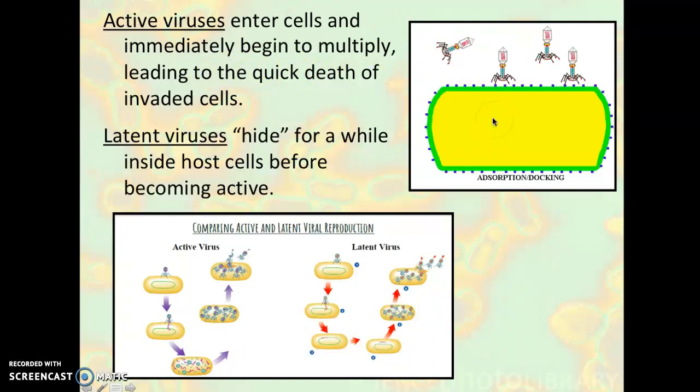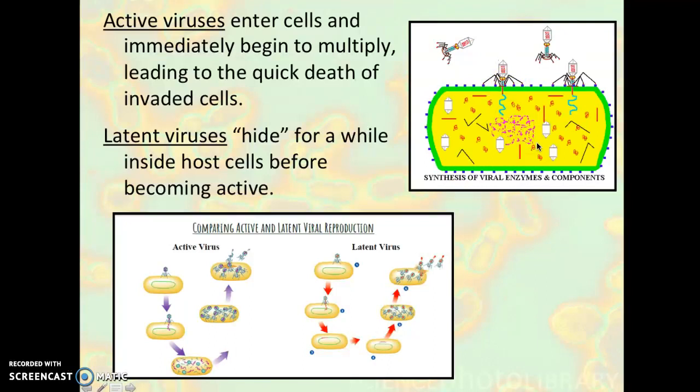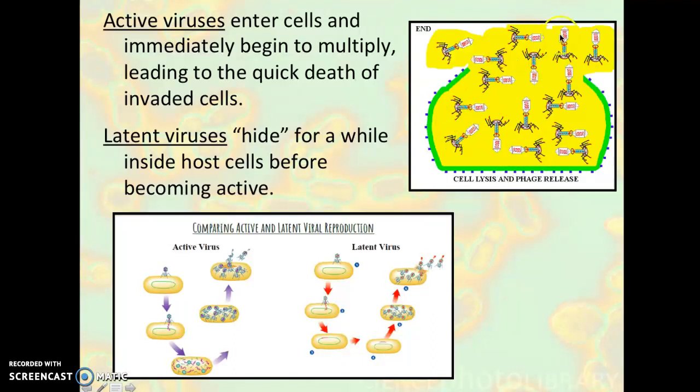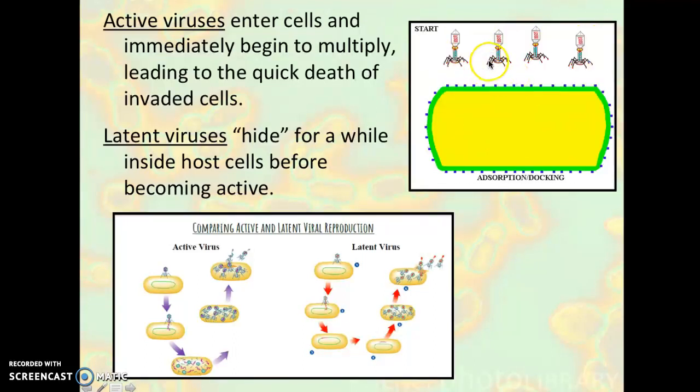And so if we watch this again really quickly, right, inserting the genetic DNA of the virus, that's going to multiply. And then it's going to spread out to other cells. And then these viruses, which have already replicated, are going to invade other cells, right? And that's how a virus spreads all over someone's body very quickly.